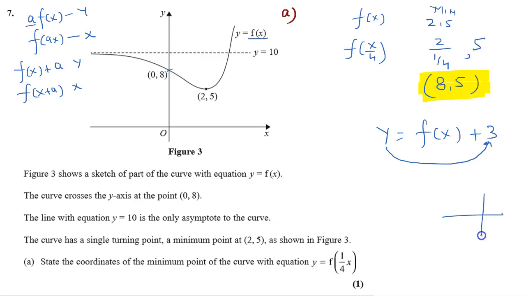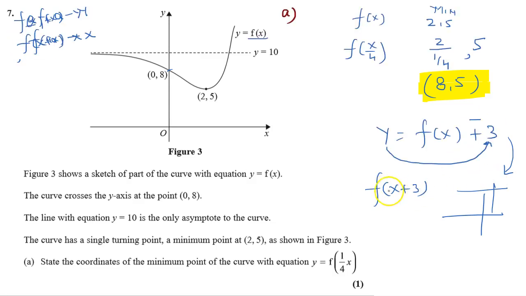It means the graph will move 3 points up. If it is minus 3, the graph will move down. Now if the graph is f(x plus 3), if you equate x plus 3 equal to 0, you get x equal to minus 3. So in that case, the graph will move in the negative direction by 3. You must remember all this to draw the graph.